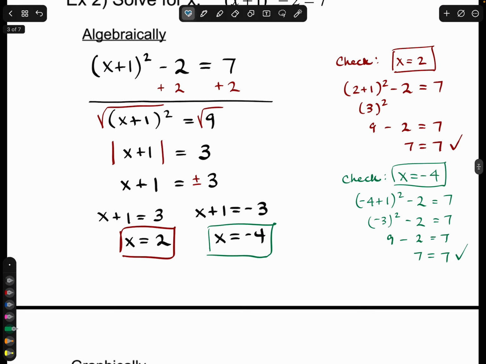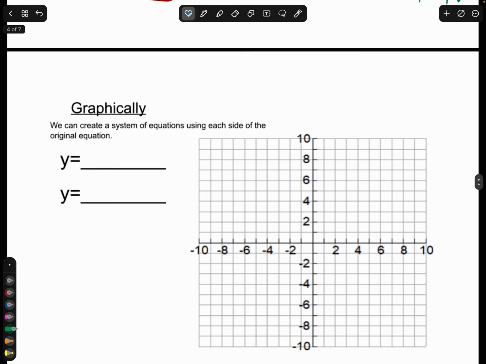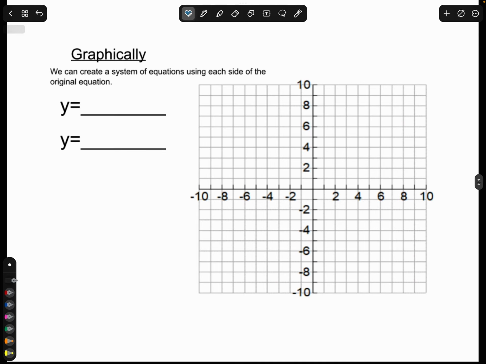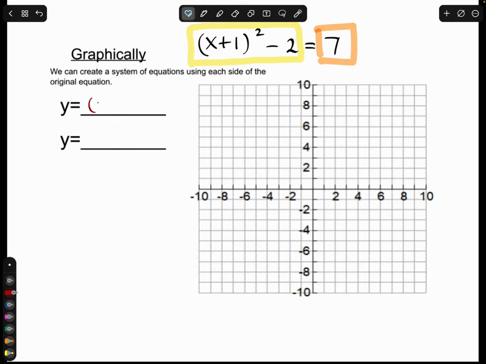Now, when we go to solve this one graphically, we're going to take our (x + 1)² − 2 = 7 and do it just like we did in the previous problem. We're going to take our left side and make a function, and we're going to take our right side and make a function.